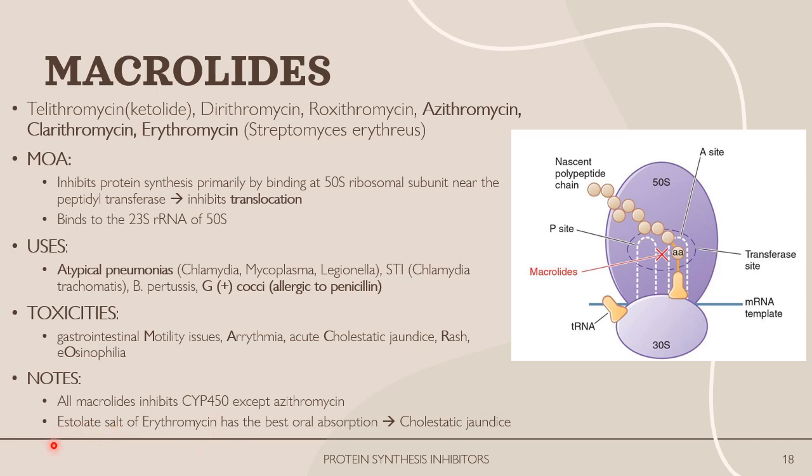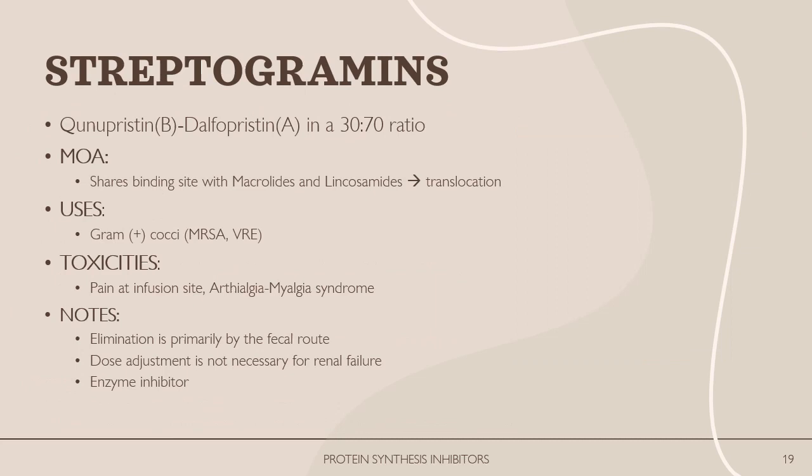Kaya wala na tayong stearate salt na erythromycin. And just a trivia, na-discuss ito kanina, your erythromycin was first discovered in Iloilo. That's why the first brand name of your erythromycin is Ilosone.